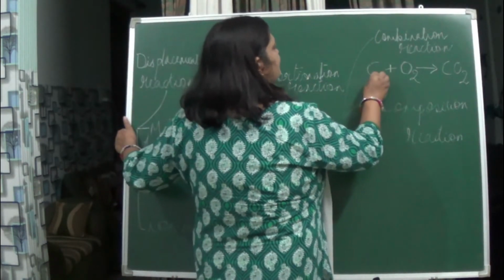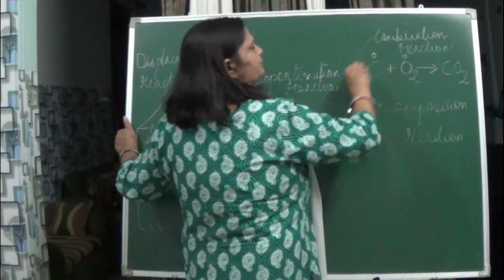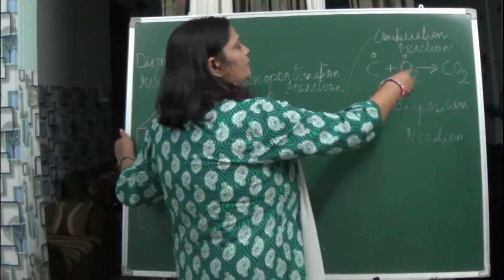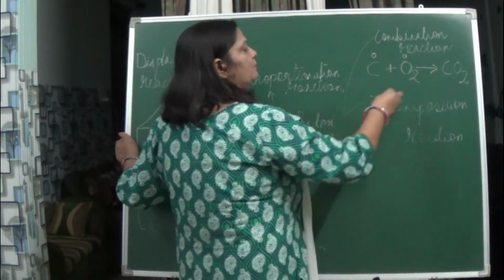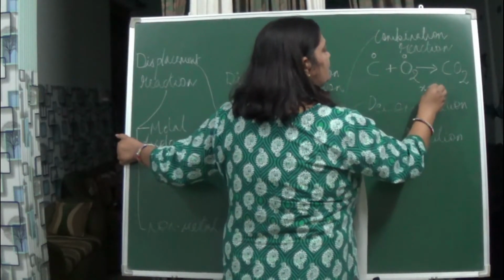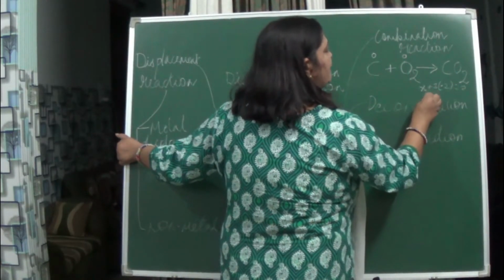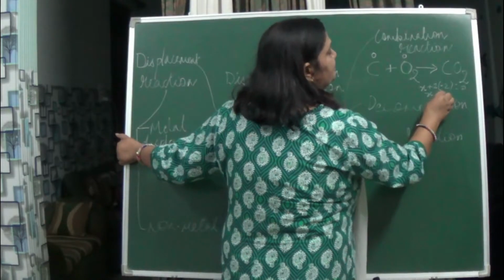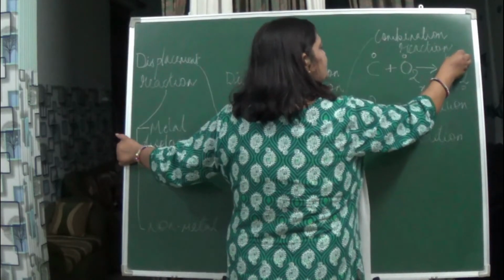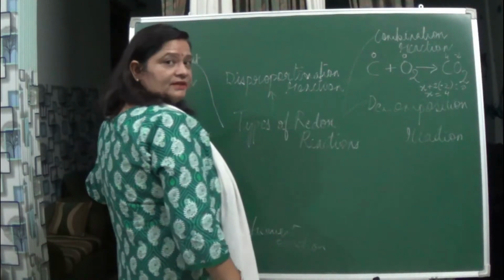Here in the elemental and molecular form it is 0. But in CO2, how will you calculate the oxidation number? For carbon take x plus 2 into minus 2 is equal to 0. So x is equal to 4. So here it is 4, and here minus 2. This is an example of a combination reaction.